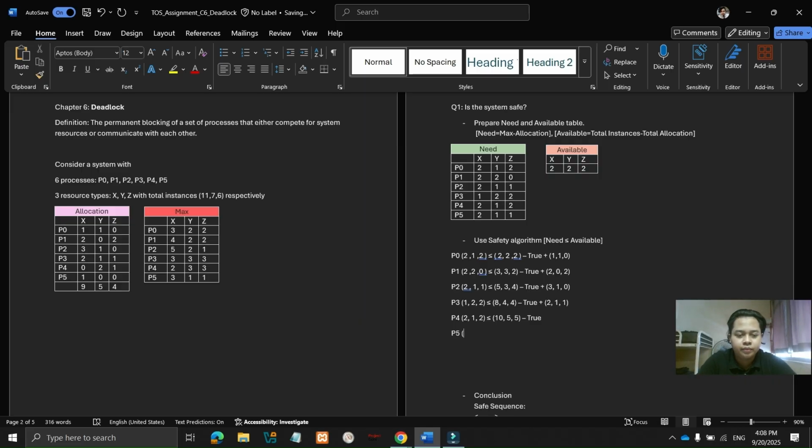Then P5 2 1 1. Wait, before we proceed, we add the available with allocation of P4. Allocation of P4 is 0 2 1. Then updated available is 7, 6.